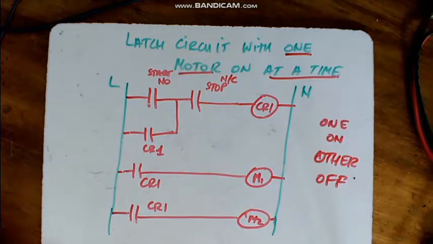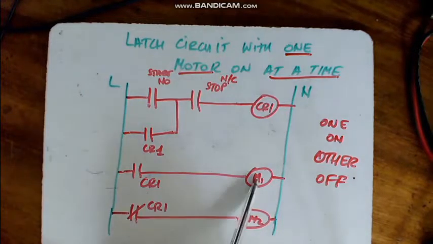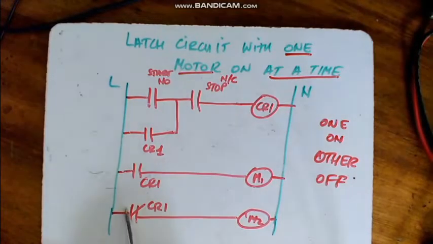So with one on and the other off, one switch has to be the opposite. Right, and that one will be the opposite. So when this one is on and this motor is running, this switch will then be in the opposite state, causing this motor to be off. When this one is in the opposite state, then this motor is in the opposite state, causing this one now to be on. Okay, so this is how this ladder logic works.